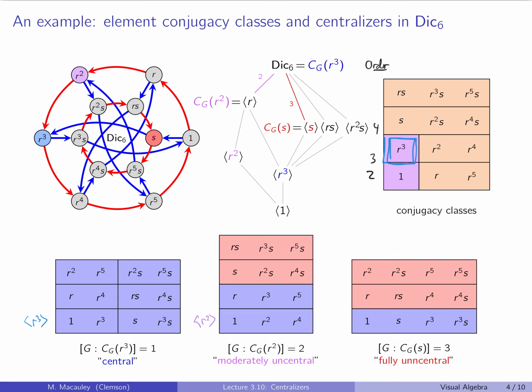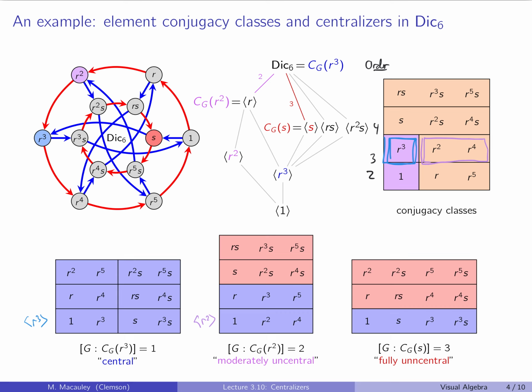We say that r squared is moderately uncentral because this is another coset whose elements commute with r squared beyond just the cyclic subgroup that it generates. Notice that the index of the centralizer, in this case, is equal to the size of the conjugacy class containing r squared. This is a preview for the theorem that's coming up next.